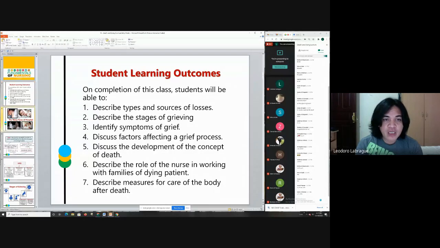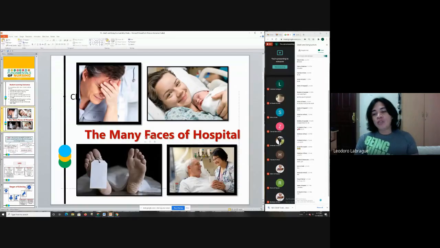But before we discuss our topic, I'm going to show you a photo of the different phases in the hospital. You know, when you work in the hospital, the good thing about being a nurse is you will witness different phases of individuals in the hospital. What I'm trying to say is you will observe different journeys in one's life.